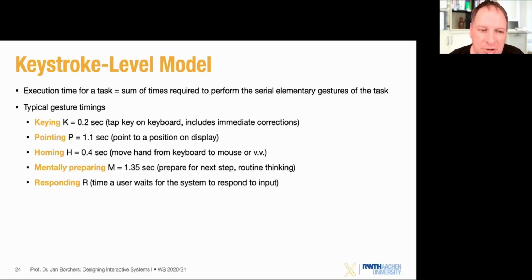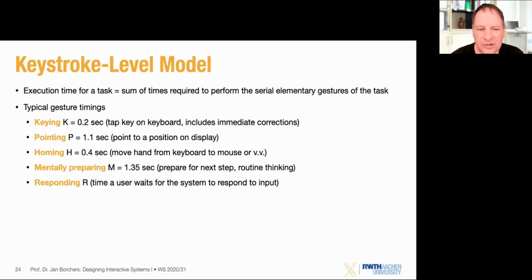And the typical vocabulary that you use in KLM, the typical operators that you have available in KLM, are the following. Keying, which means I tap a key on a keyboard, or I click a mouse button, and that takes in the GOMS model roughly 0.2 seconds.